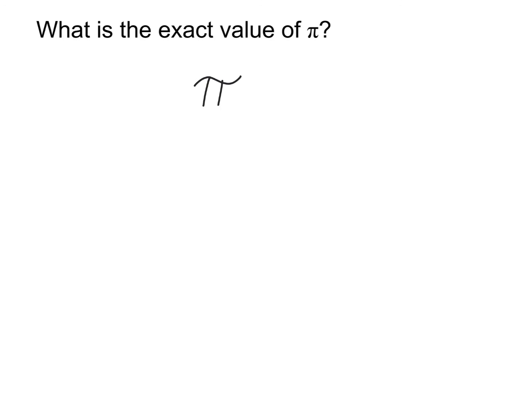And so the exact value of pi is pi. Weird. Okay. And so when we talk exact value, oftentimes we're having to write it in a way that represents how we would get the number if we could actually get that entire thing.